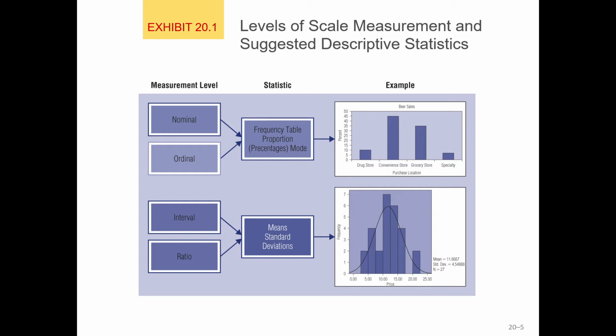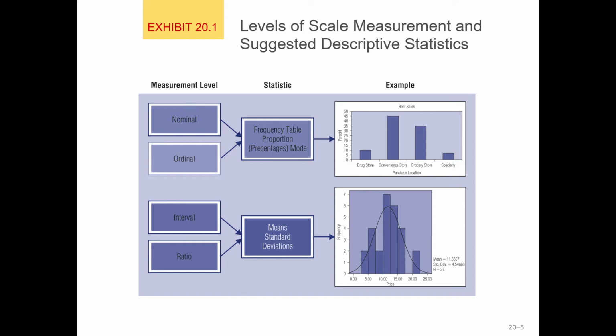The bottom part displays the example descriptive statistic for interval and ratio variables. In this case the chart displays results of a question asking respondents how much they typically spend on a bottle of wine purchased in a store. The mean and the standard deviation are displayed in this chart as well.